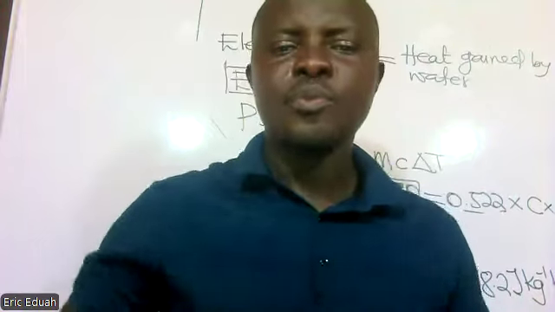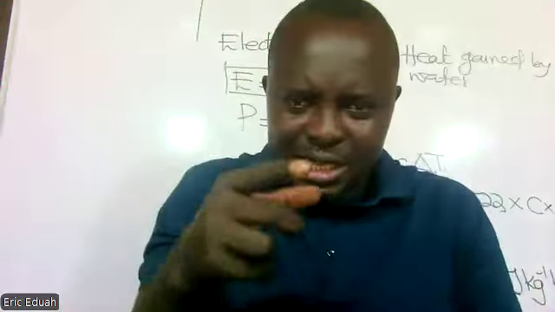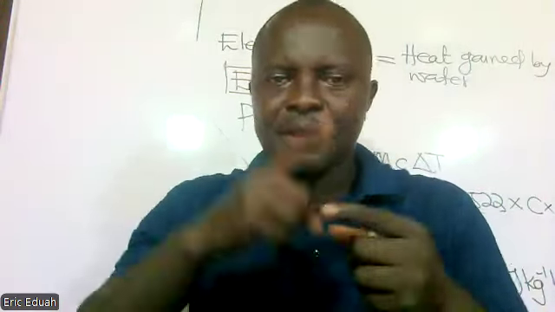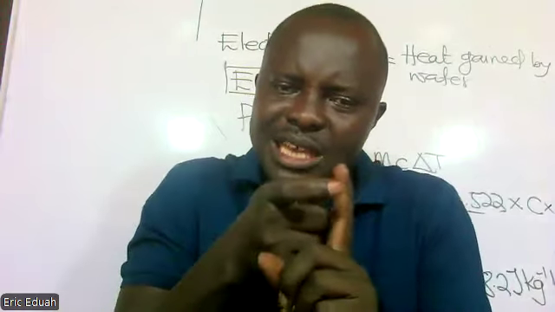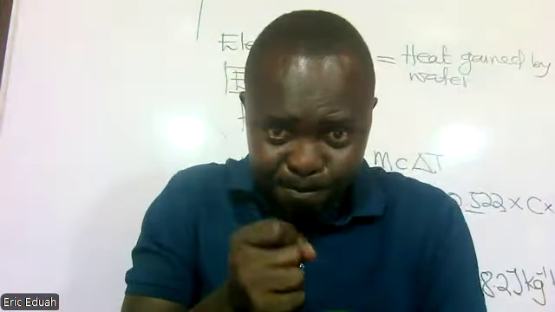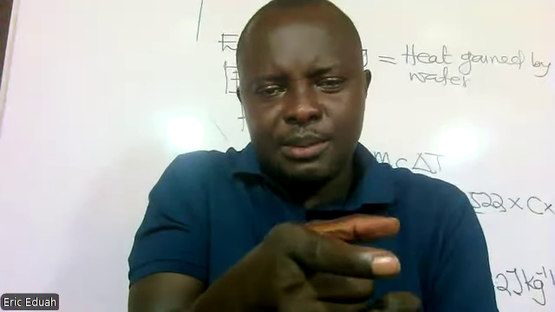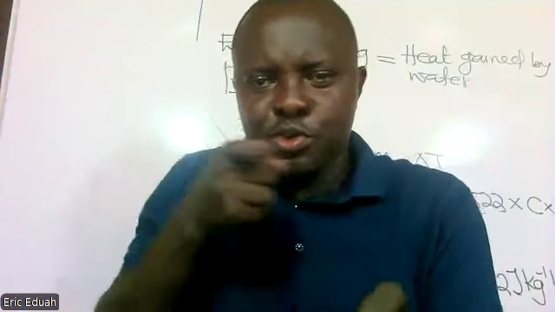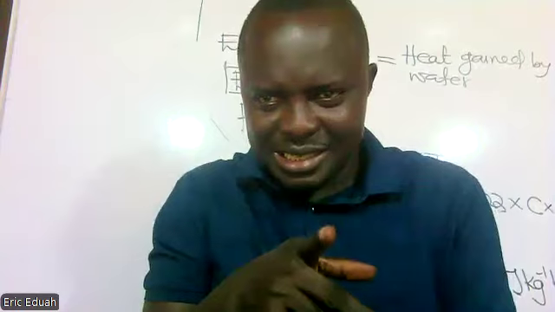If you have gone into bullets and guns before, a gun has a spring. I've forgotten the name given to that knob which is pulled back and released.